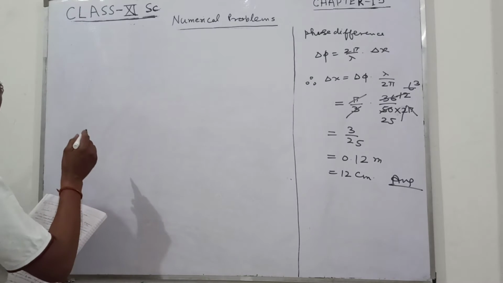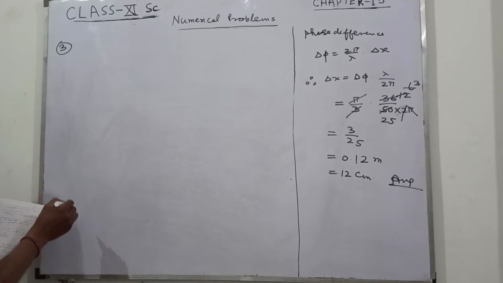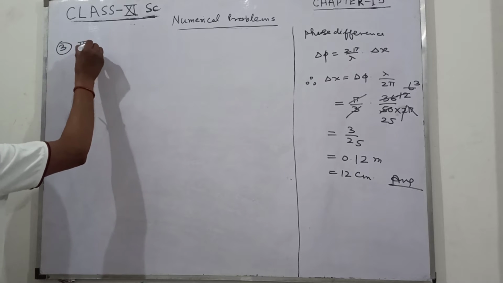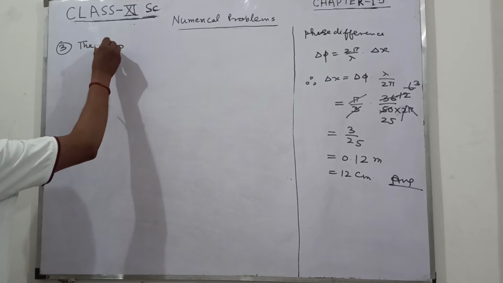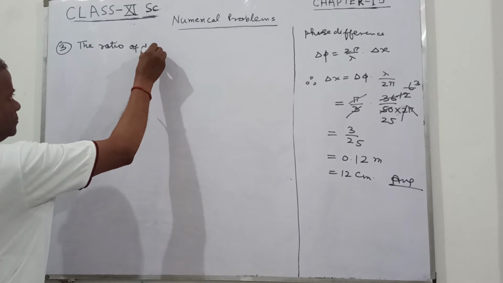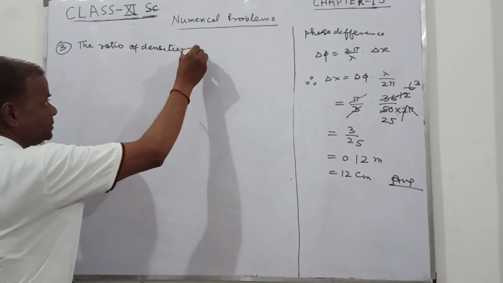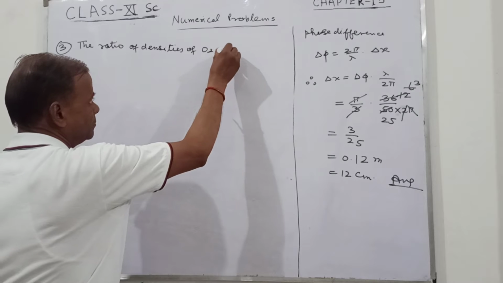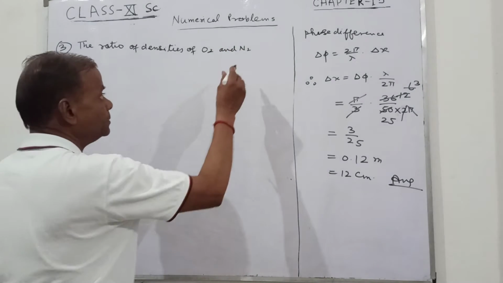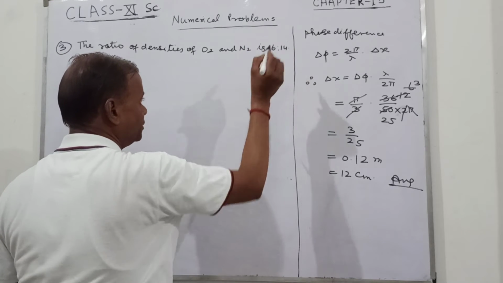And now third question. The ratio of densities of oxygen and nitrogen is 16:40.